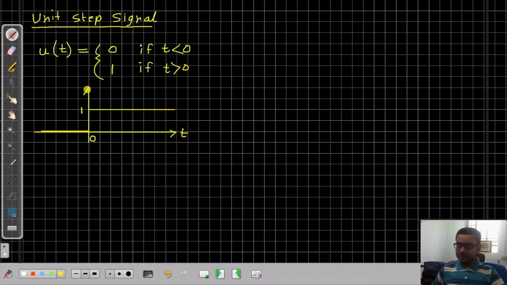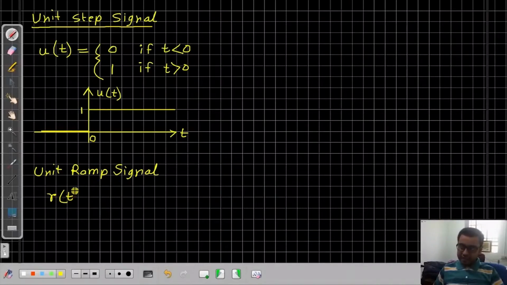This is u of t. Let me define another simple signal which we call a unit ramp signal, which is defined in this way.